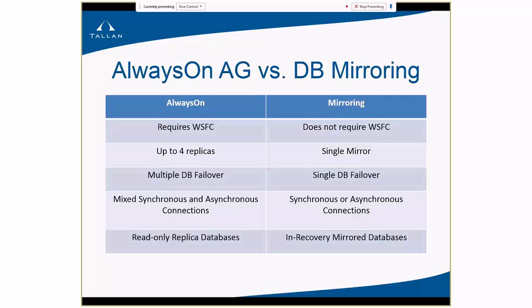So, a side-by-side comparison. The good news first is that you get more replicas. Instead of just a single database mirror, you have more replicas and more redundancy, which in turn allows for more failover. So we don't just have a single database we could fail over to, we have multiple. And we have mixed synchronous and asynchronous connections. I'll talk about that in a second.